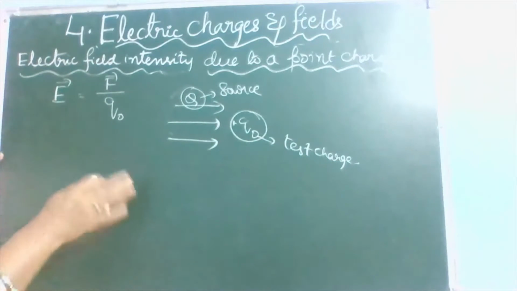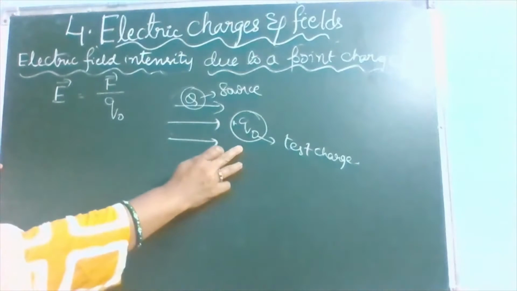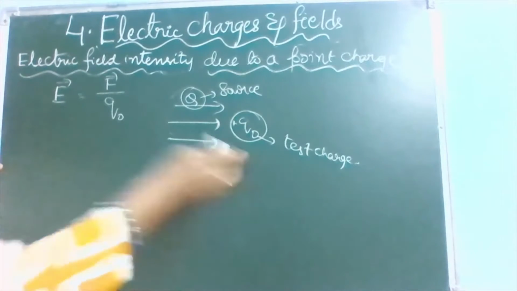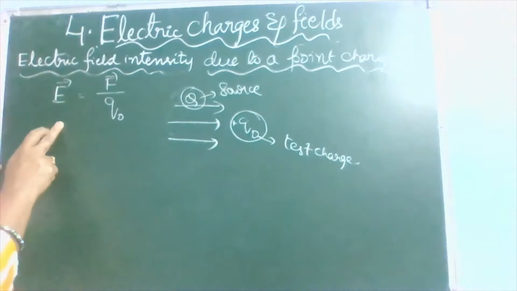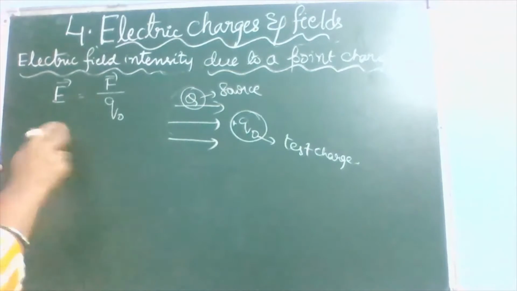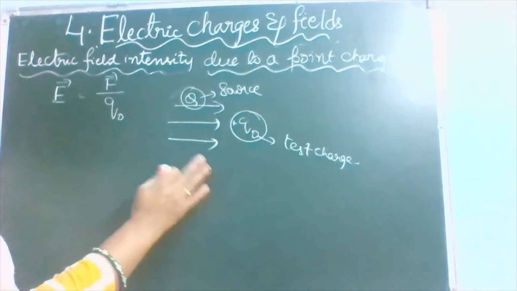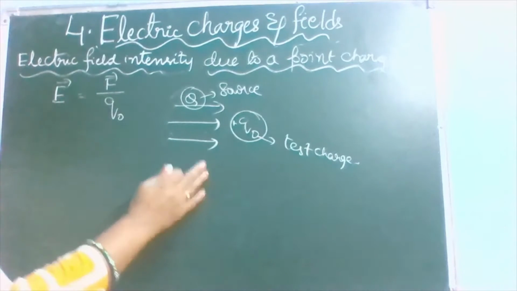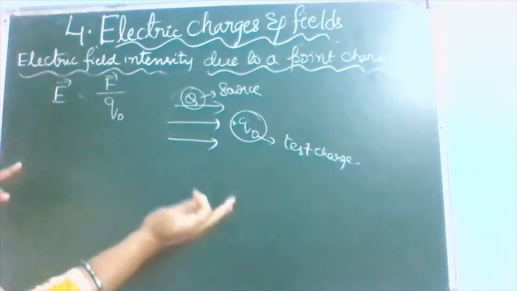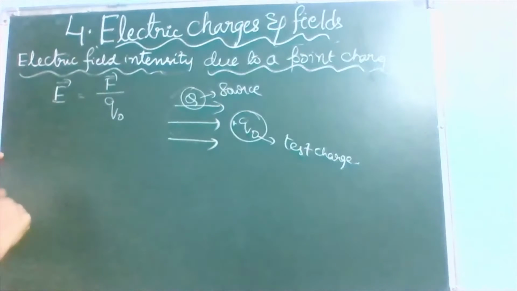The force experienced by this unit positive charge is called the electric field intensity of this field. So we have to calculate this electric field intensity due to a point charge.